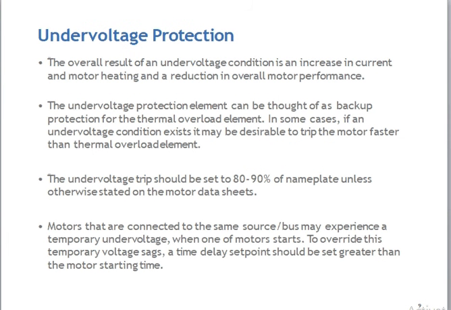And undervoltage protection: undervoltage causes the motor to draw increased current and heat up. The undervoltage protection element can be thought of as backup protection for the thermal overload element.